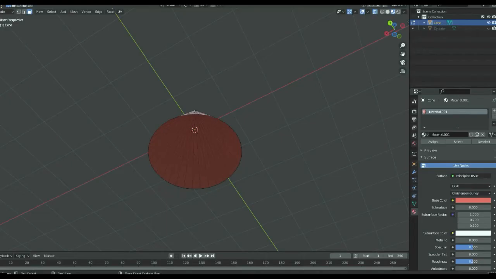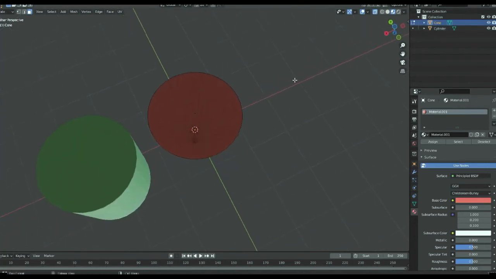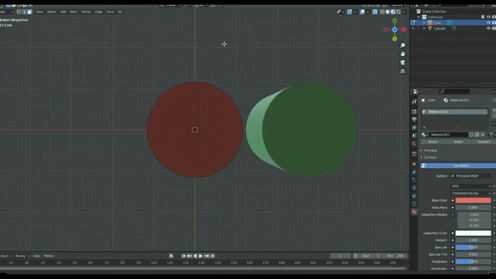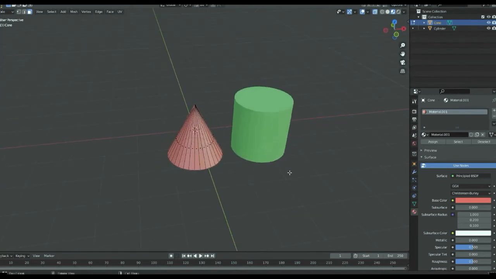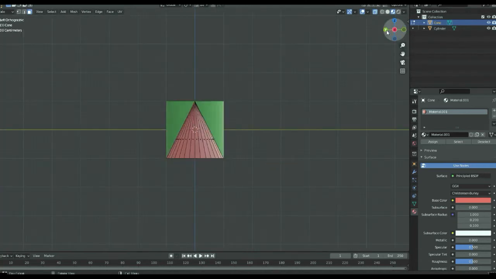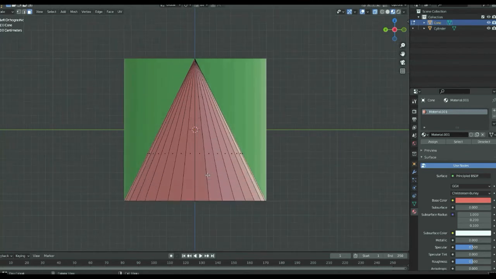Okay, something like this. Right, here I have a cone and a cylinder. Their base is of the same area, that is, their radius is the same. Both the circles are of the same radius, so they are congruent, and their height is also the same. Can you see that? Their height is the same. Let me show from a different perspective. Can you see this? Their height is the same and the radius is the same.